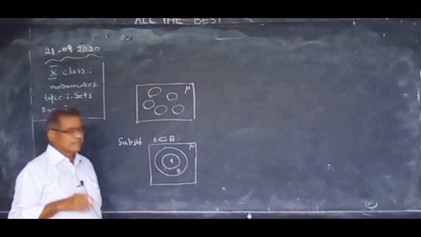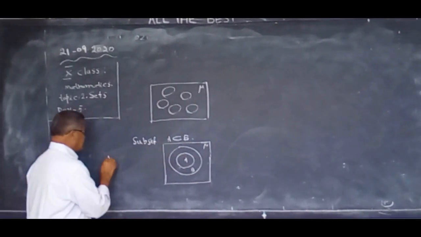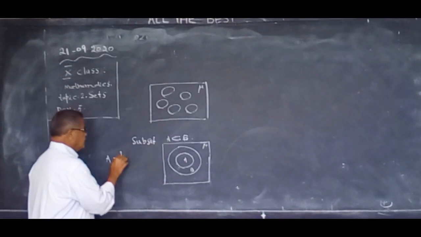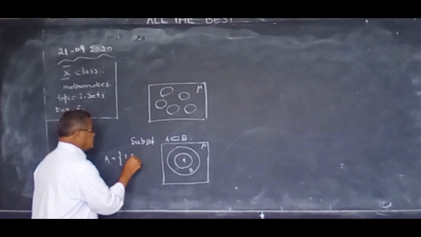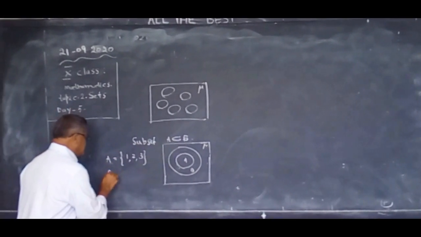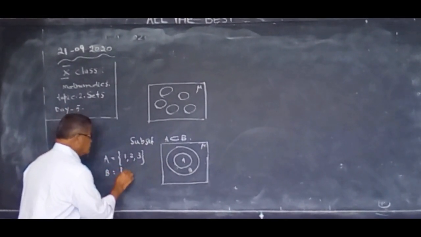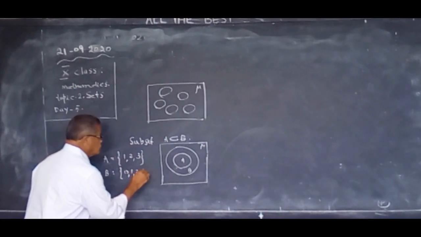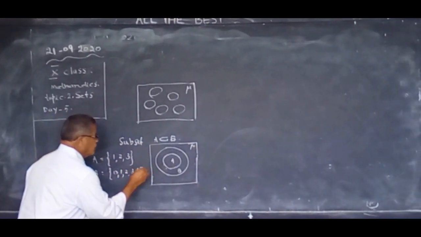Let me explain subset clearly with an example. Take elements 1, 2, 3 in A. And B contains more elements: 0, 1, 2, 3, 4, 5, 6.